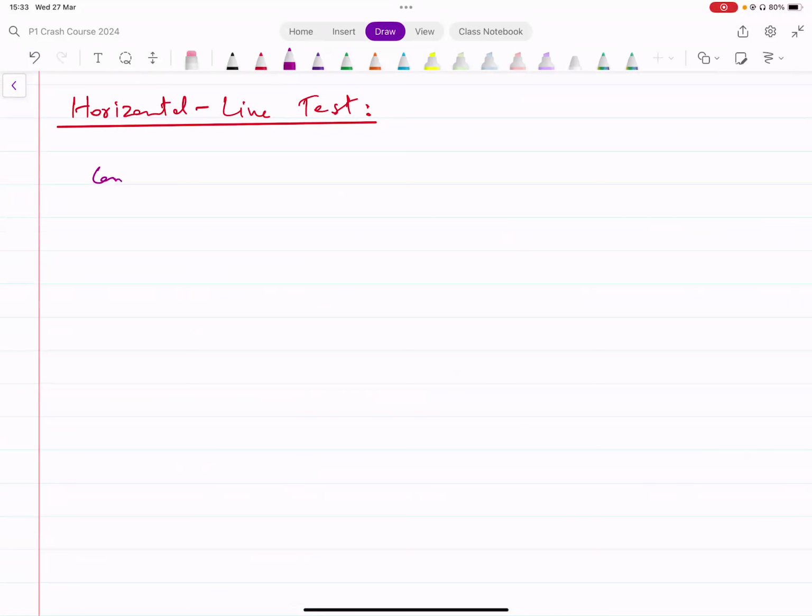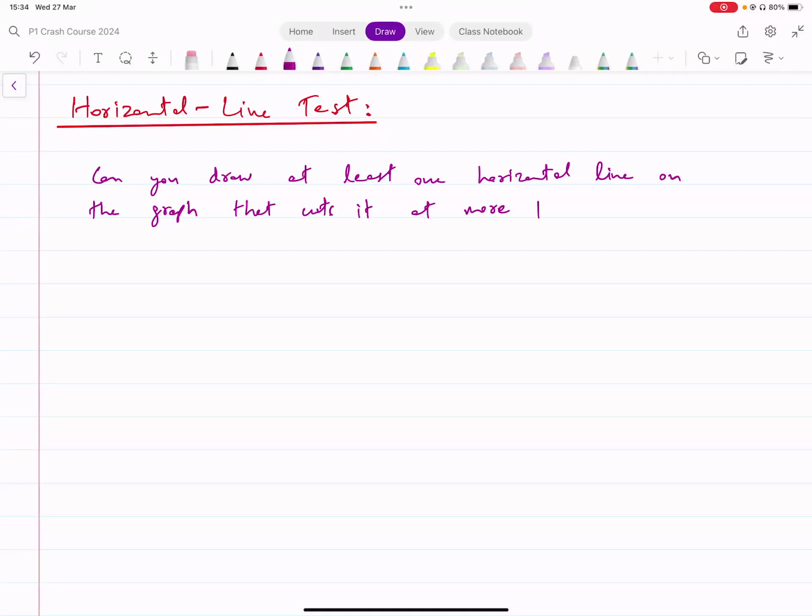You basically ask yourself this question: can you draw at least one horizontal line on the graph that cuts it at more than 1 point?